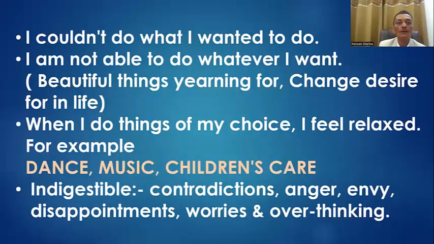I could not do what I wanted to do. I am not able to do whatever I want. Sporting rubrics are beautiful things, yearning for, change desire for in life. When I do things of my choice, I feel relaxed. For example, dance, music, children's care.